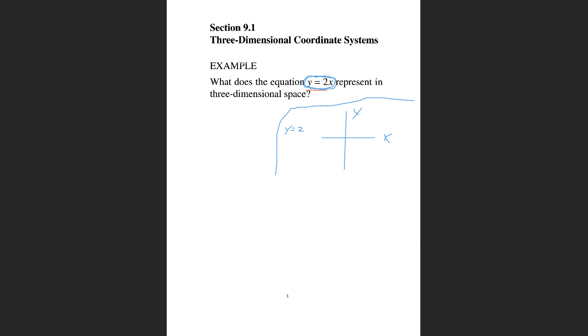We know that in two-dimensional space, y equals 2 is a horizontal line, right? It's a horizontal line. And of course, it's going to pass through the y-axis at 0, 2.